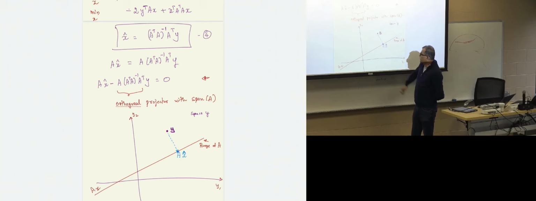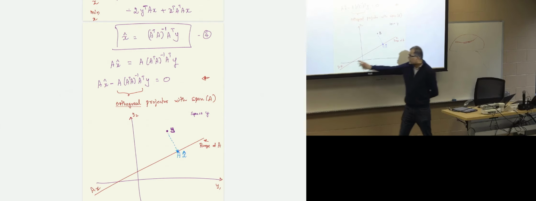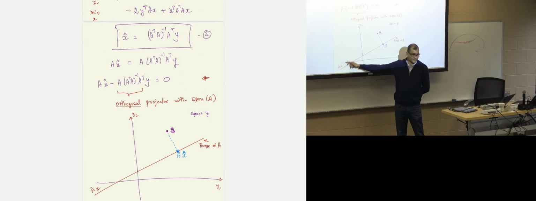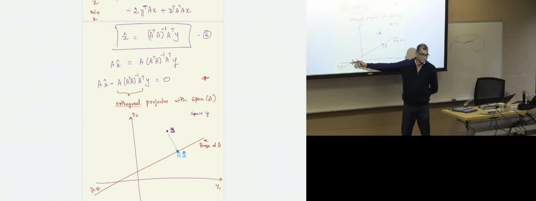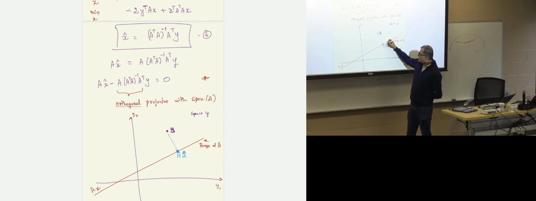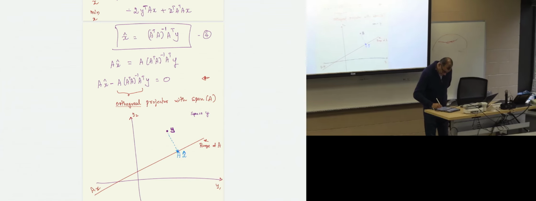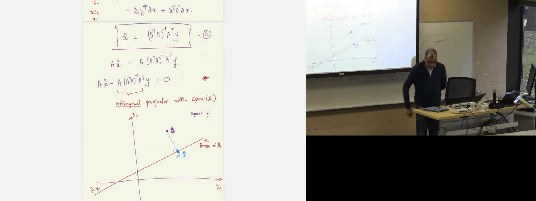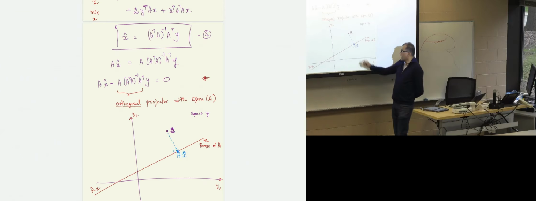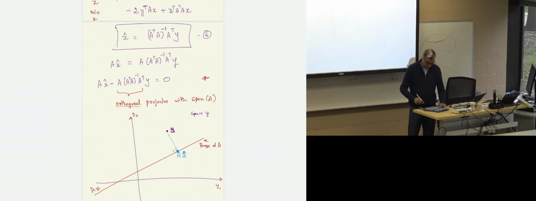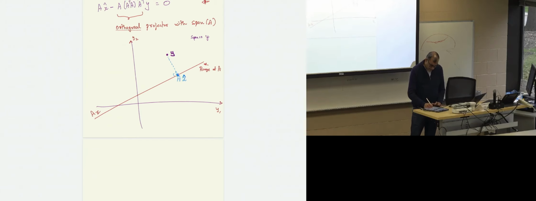But you're completely constrained to be on this line, so the best you can do is minimize the error, the minimum error between them.